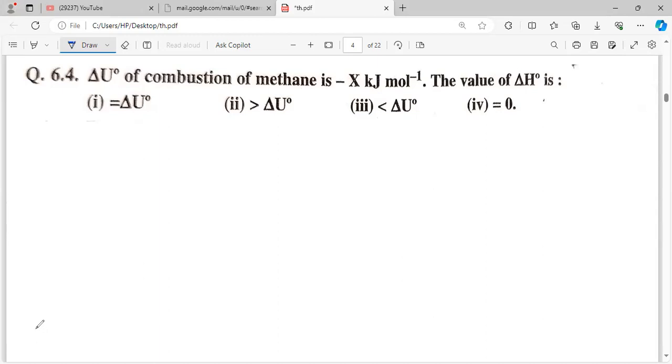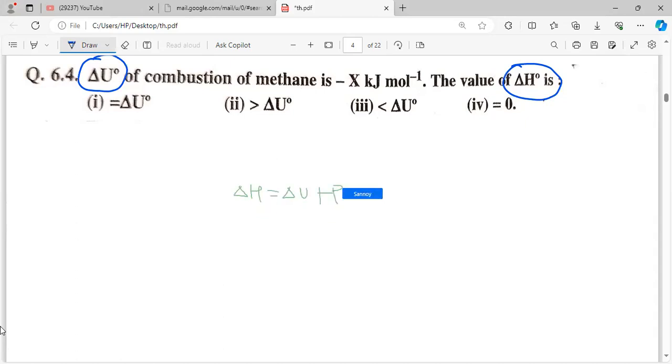So they are giving delta H value and delta U value. How are they interrelated? Can you write the equation? How are these two terms interrelated? Write the equation.